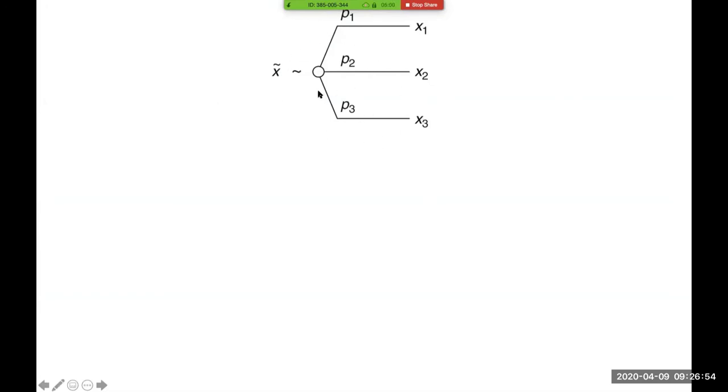We're given an uncertain deal where you have probability P1 of winning X1, P2 of winning X2, and P3 of winning X3, and we want to compare this uncertain deal to another one for a specific person.